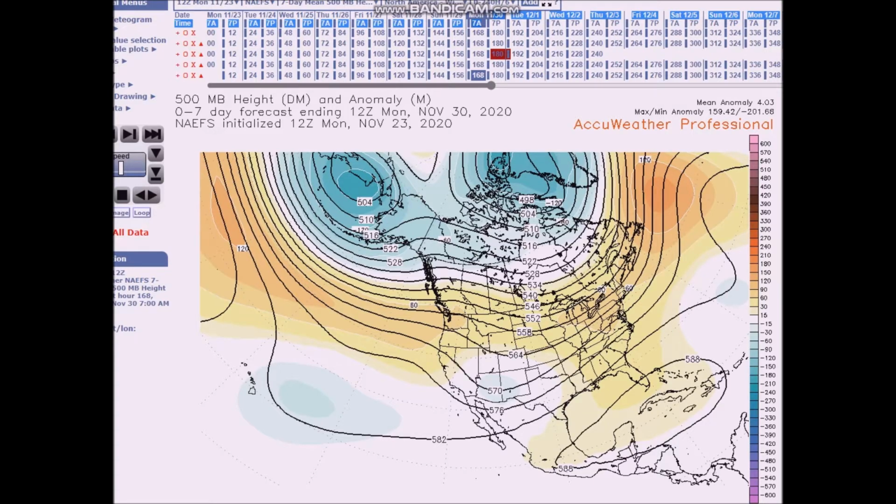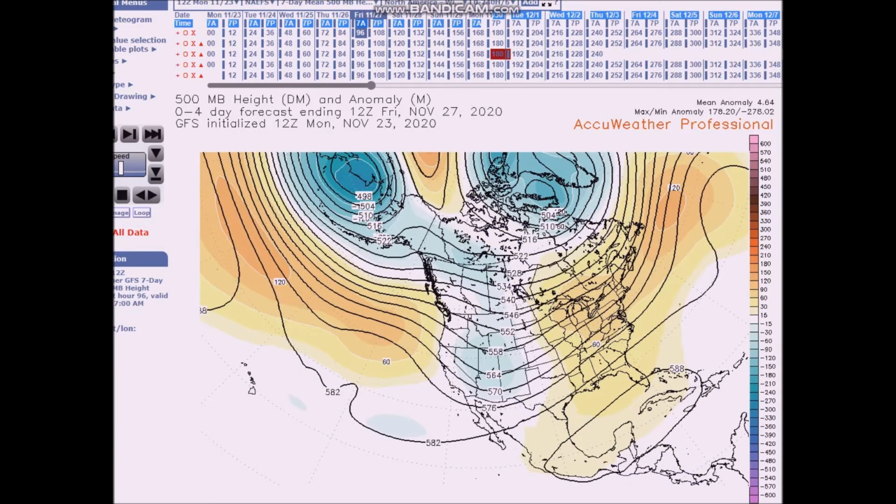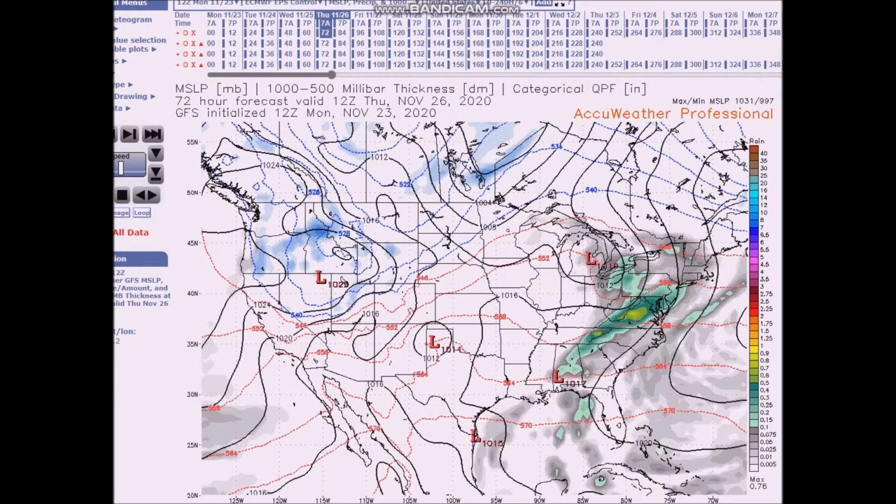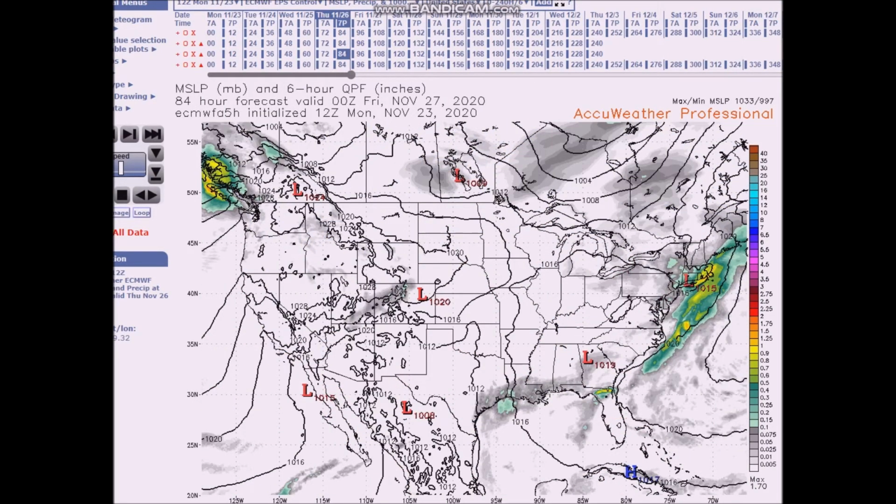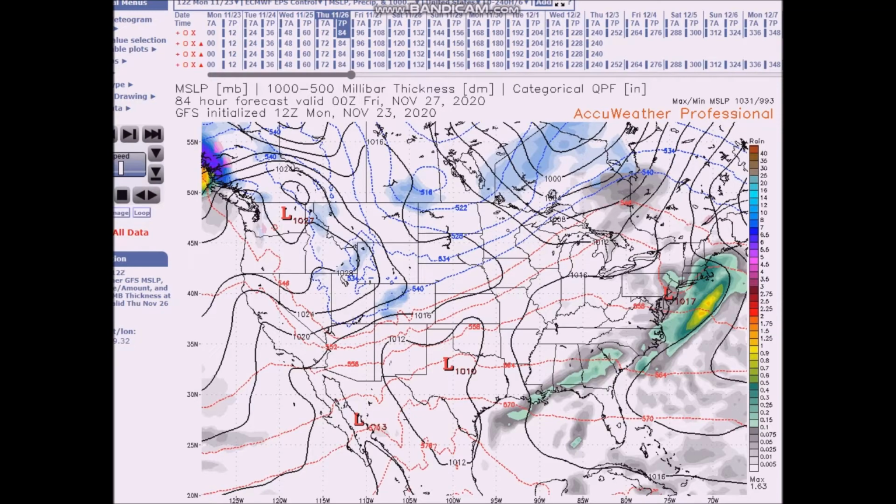Now, a surface low is forecast to track across the northeast on Thanksgiving Day. We'll take a look at that. Here's the low I'm talking about, and this will cause rain along the east coast.